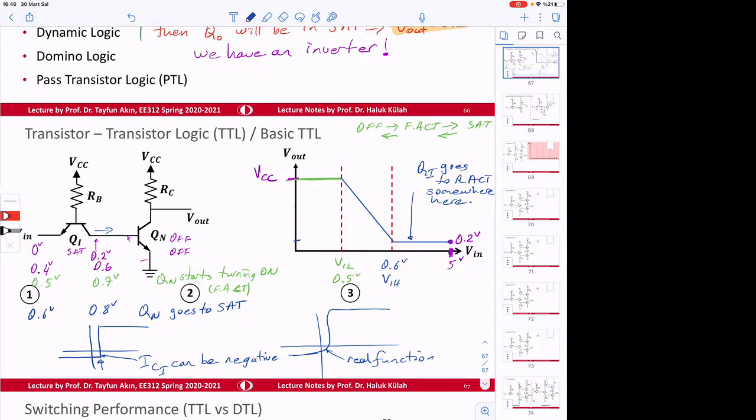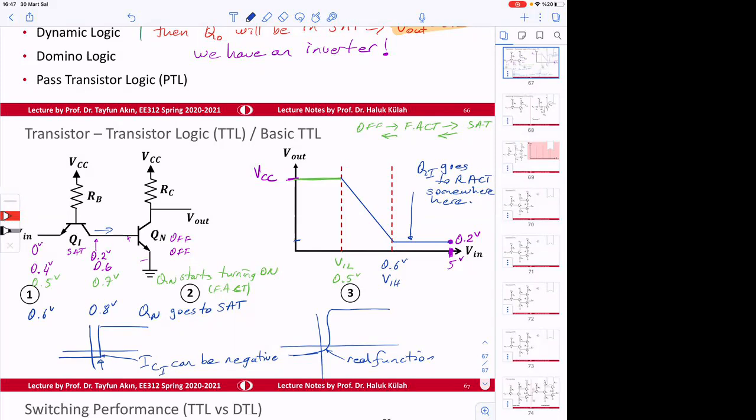We will analyze this a little bit more next time. I don't want to stop here, and you will be soon getting a take-home exam or something like that about modified DTL and this basic TTL.